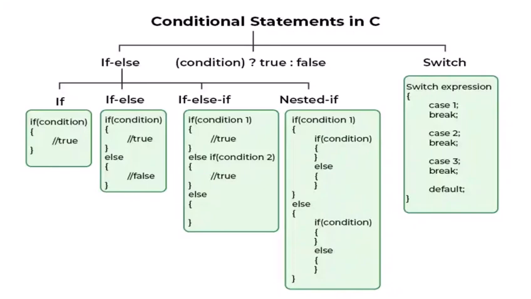A control statement that compares the value of a variable or expression to multiple cases and executes the matching case block. It's used as an alternative to multiple if-else statements when checking for equality. Example: switch day, case 1 Monday, case 2 Tuesday, default.